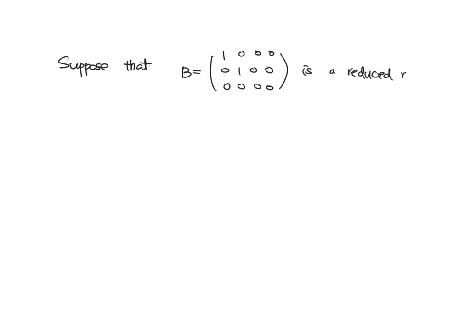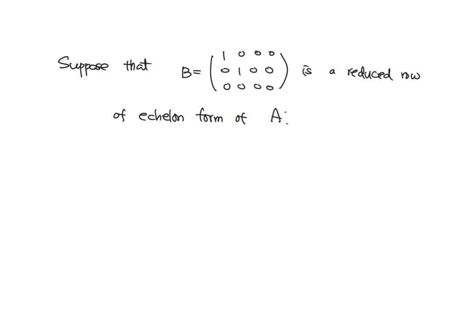Suppose that B, with rows 1 0 0 0, 0 1 0 0, and 0 0 0 0, is a reduced row echelon form of A matrix. Okay?